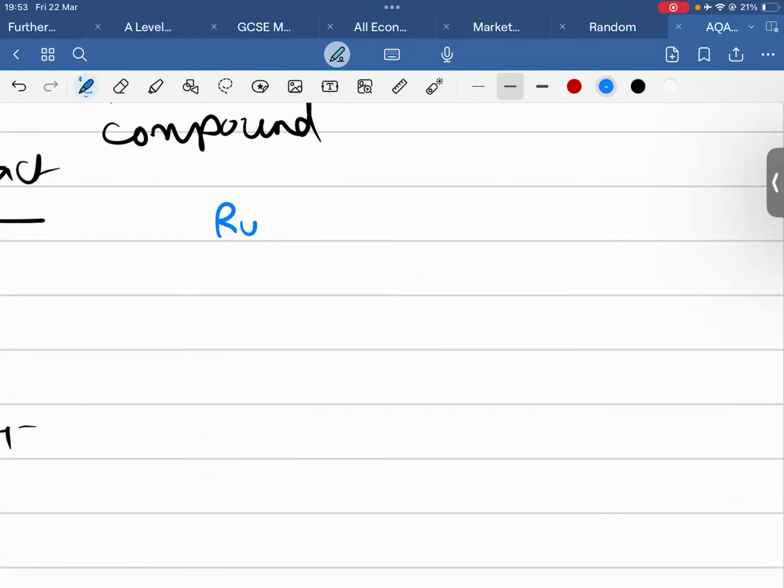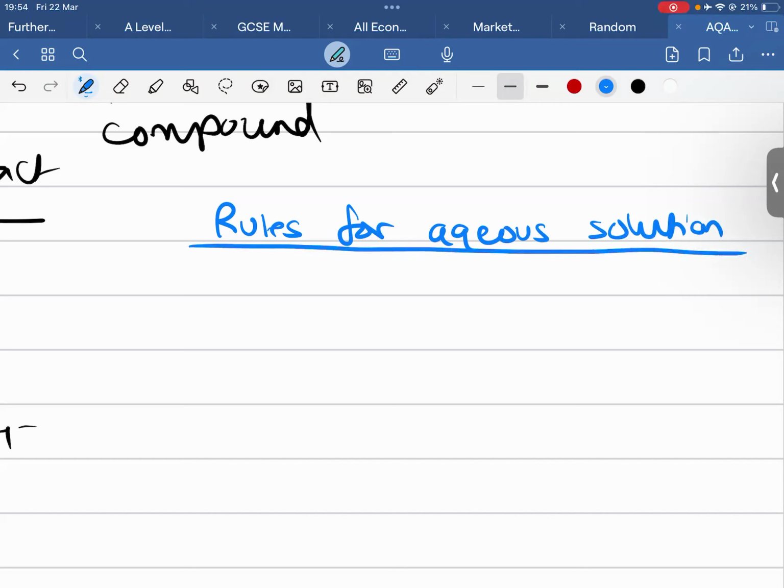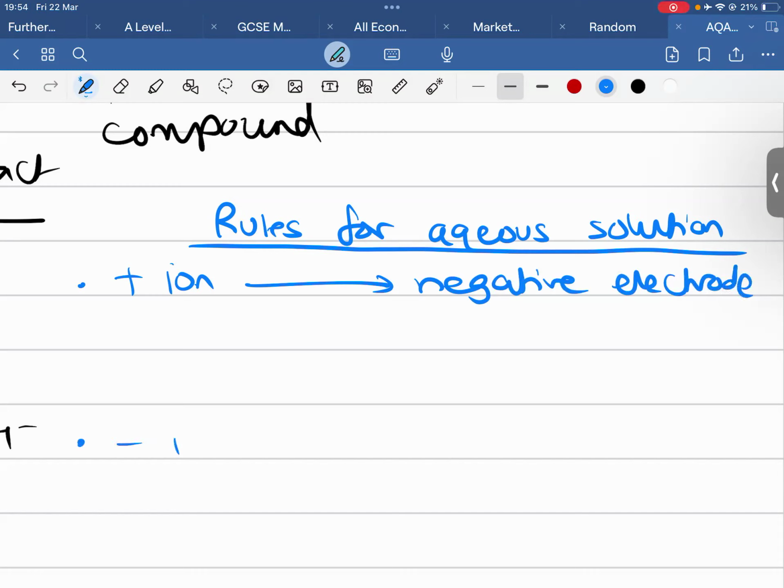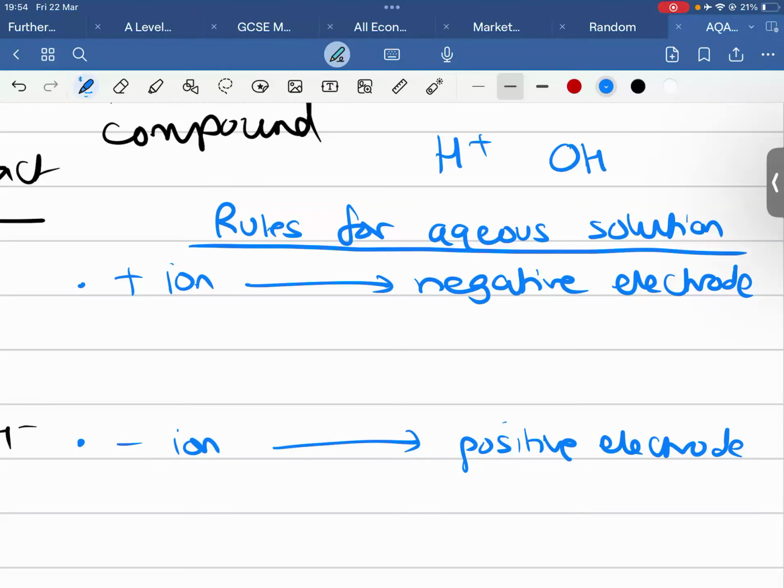So the rules for aqueous solution. We know that the positive ion goes to the negative electrode. And we know that the negative ion always goes to the positive electrode because opposites attract. But there is a rule for which one, because there's two of them. Because remember, there's H plus and OH minus as well.